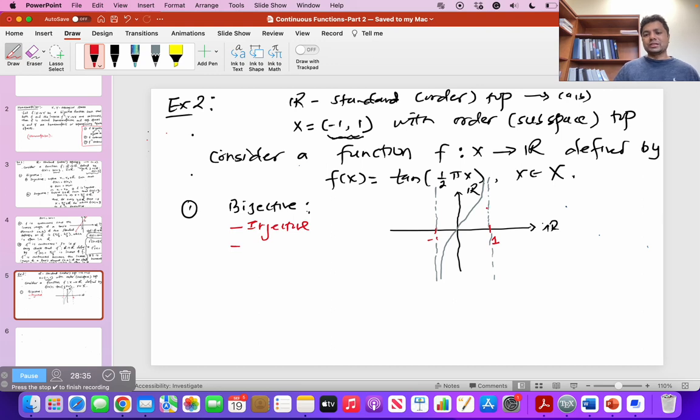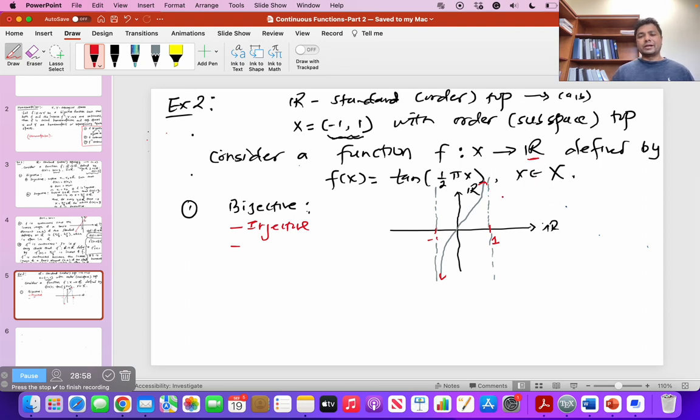And for surjectivity, the codomain and the range of your function have to be the same. The codomain of our function is R, the set of real numbers. And the graph of our function keeps going up and also keeps going down. That means the range is from negative infinity to positive infinity.